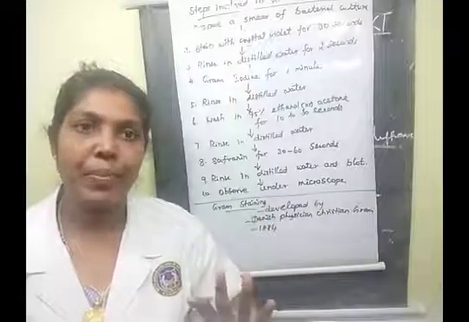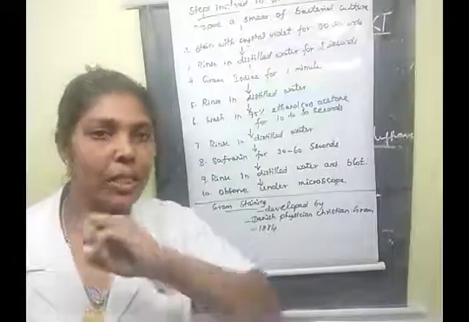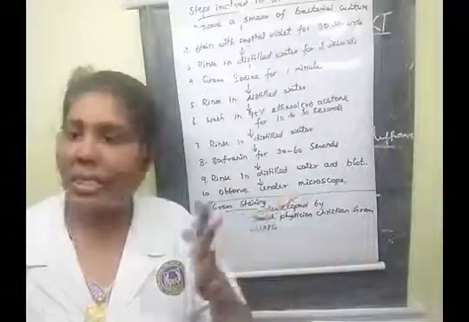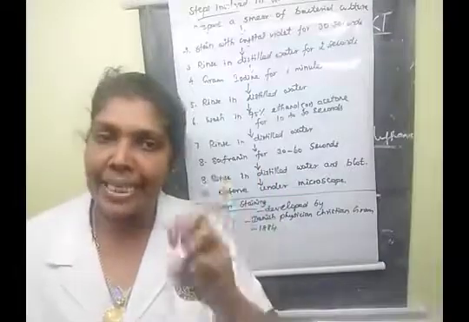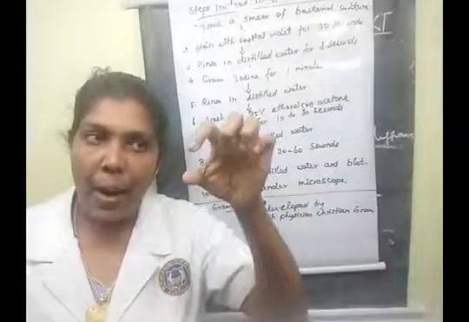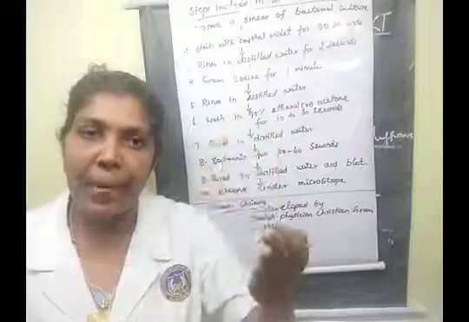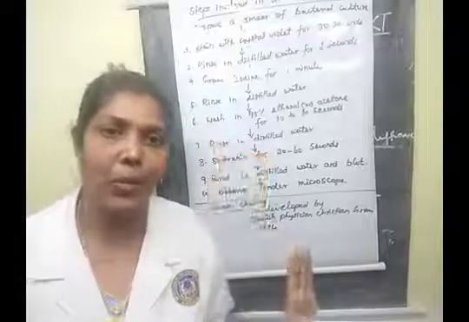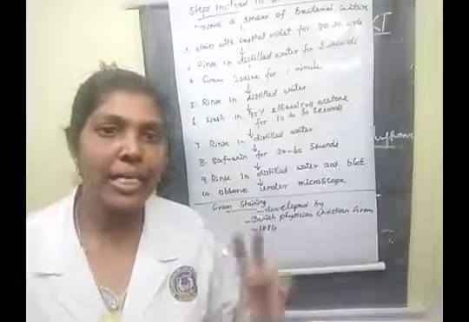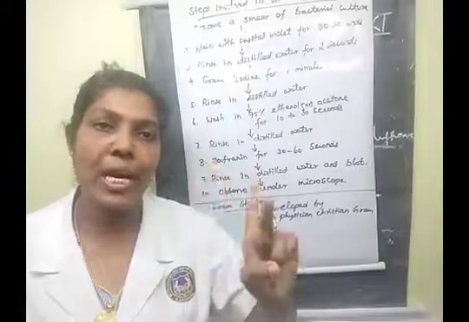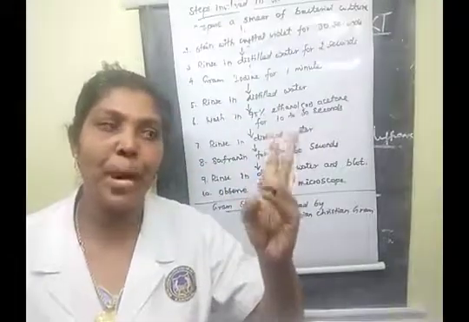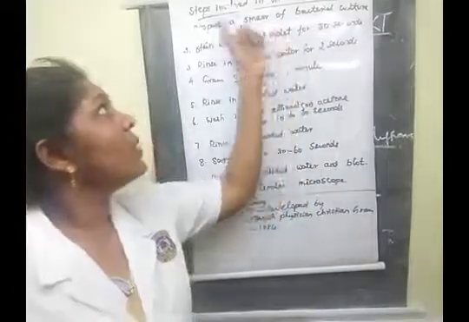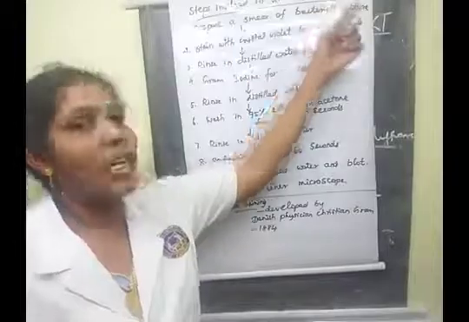Gram-negative means the crystal violet color is not absorbed, and after counter staining, when applying safranin, they show red color in the microscope view. Clear, children? That's the difference between gram-positive and gram-negative bacteria. Clear? Yes.